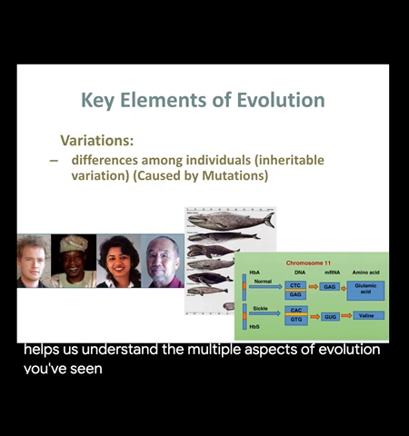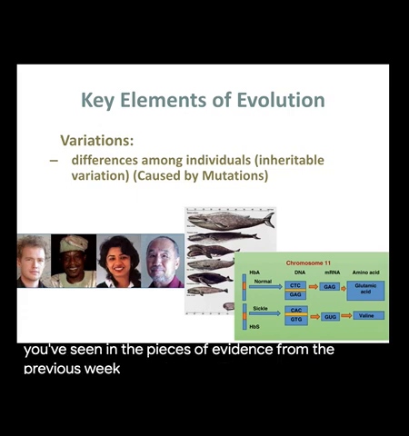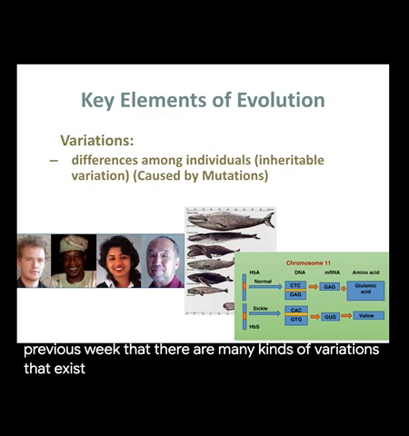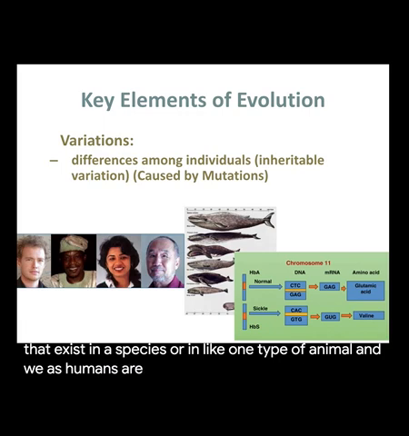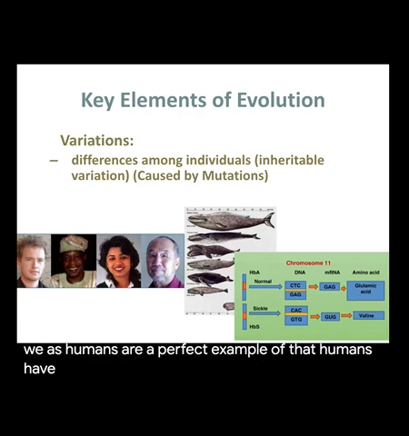You've seen in the pieces of evidence from the previous week that there are many kinds of variations that exist in a species or in one type of animal. And we, as humans, are a perfect example of that. Humans have variations that we've even learned about in our genetics unit.